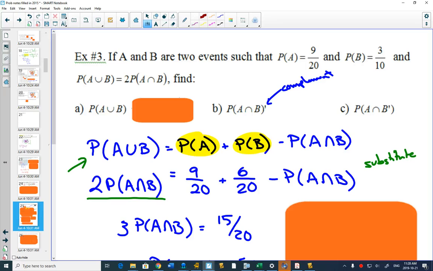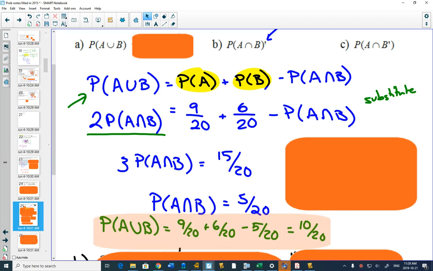I can combine my like terms, add another probability of A and B to this side to get 3 of them, add my fractions together, and solve that the probability of A and B is 5 out of 20. Once I get the probability of A and B to be 5 out of 20, I can now work back to that original formula to find the probability of A or B, which is 1/2.